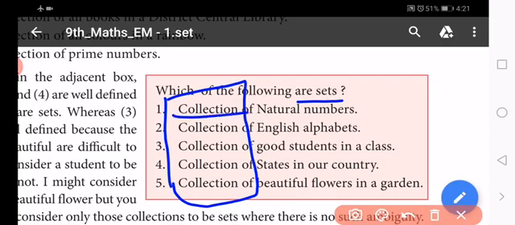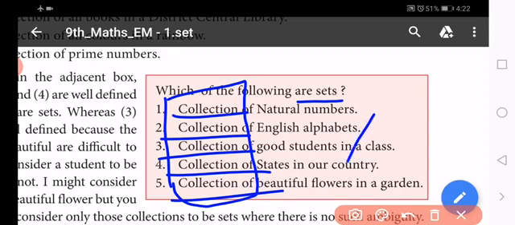So in all the examples, we use only collection of natural numbers, collection of English alphabets, collection of states, collection of prime numbers, collection of natural numbers, collection of all rivers in India, the collection of beautiful flowers in garden.